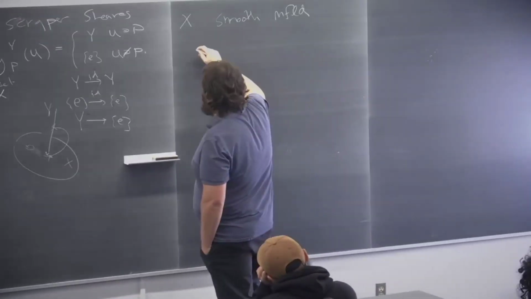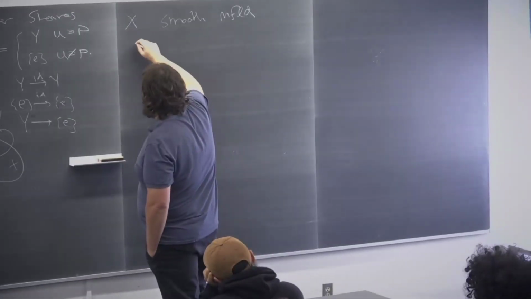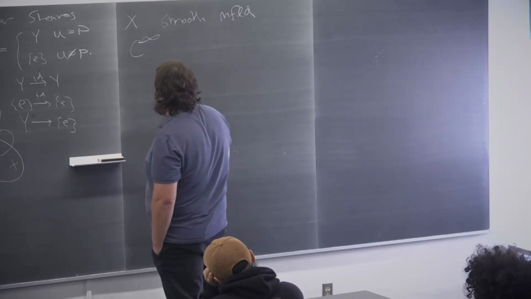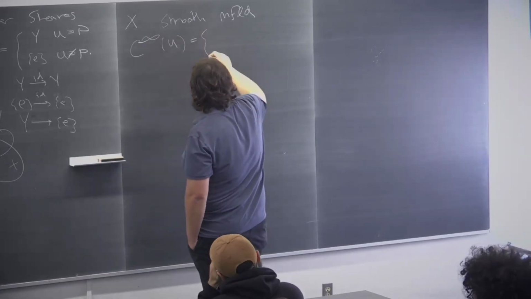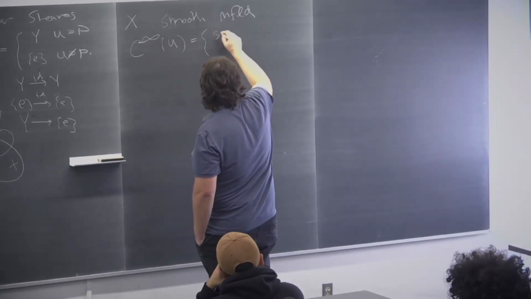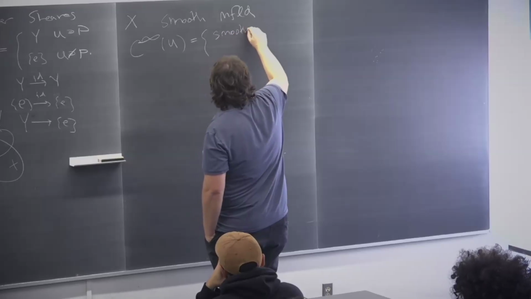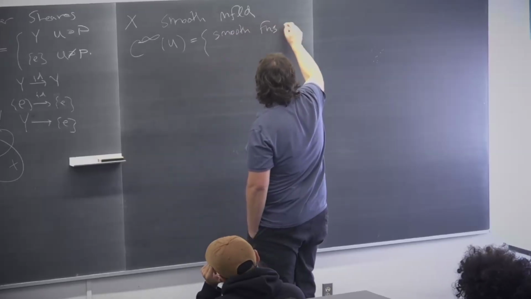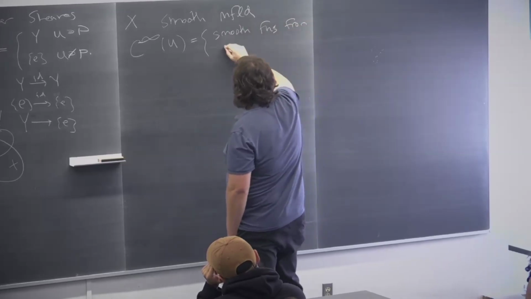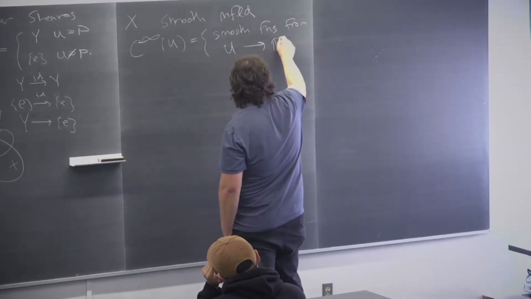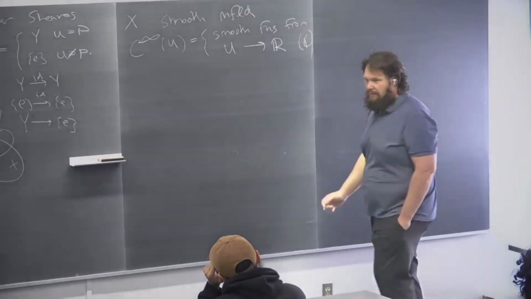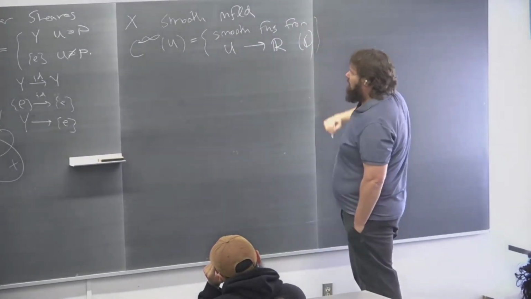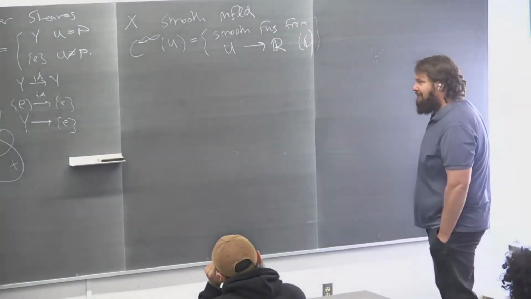And there's a sheaf on here called C infinity, where C infinity of U is the smooth functions from U to R, or if you wanted to, you could say smooth functions to C. Just depends how you're feeling that day.